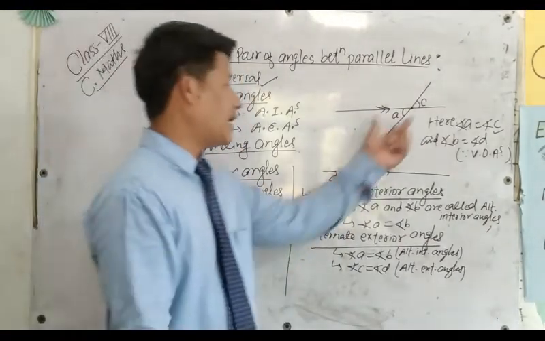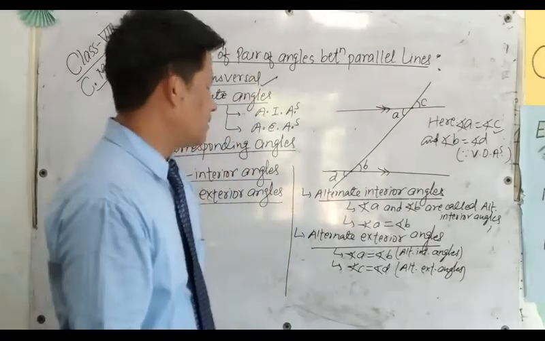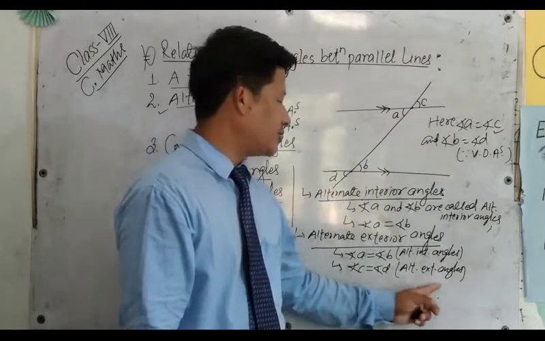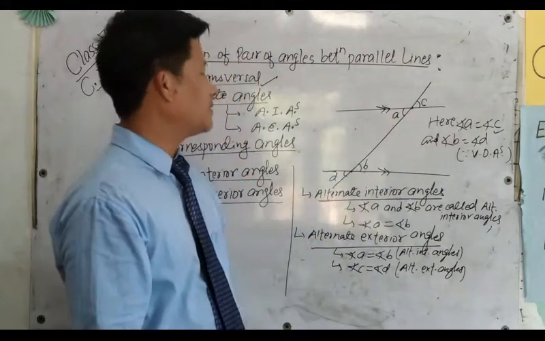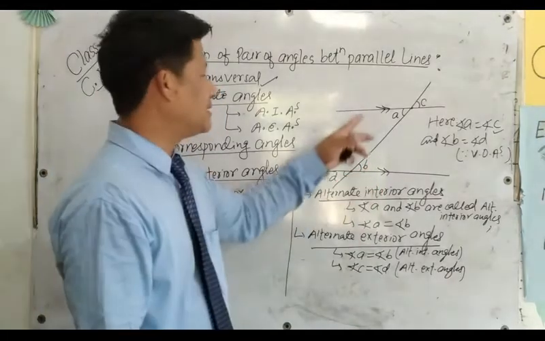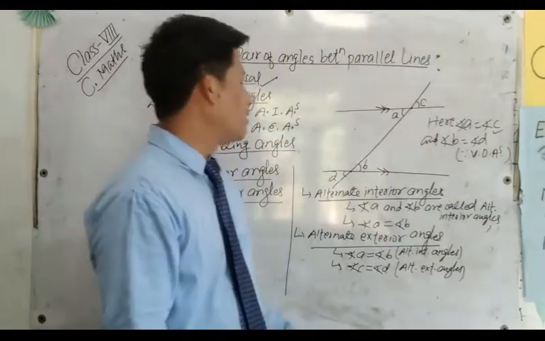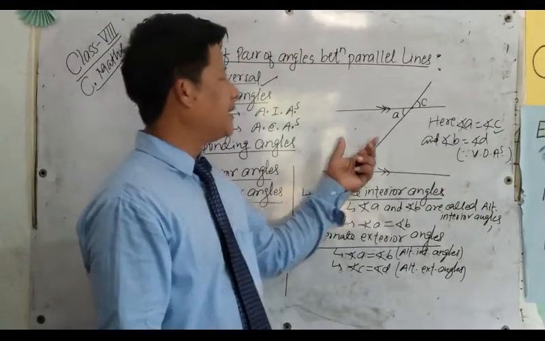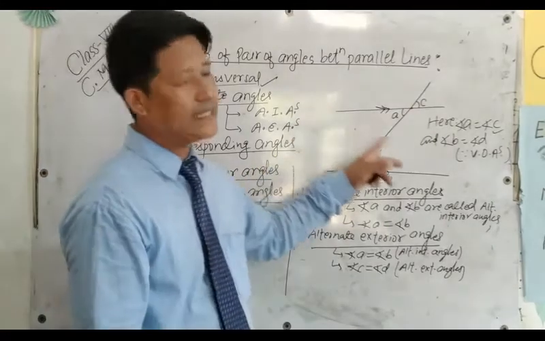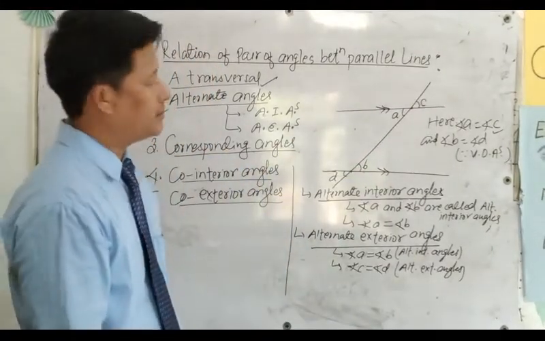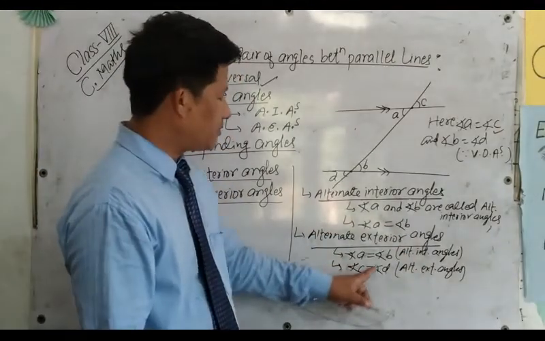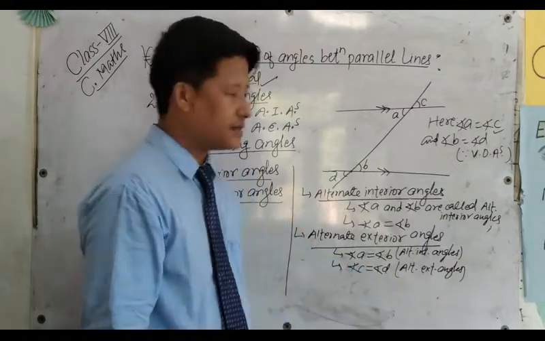They are outside the parallel lines, so angle C and angle D are exterior angles. But angle A and angle B are interior angles, inside the parallel lines. Both pairs indicate alternate angles. So for alternate exterior angles, we can write angle C equals angle D.